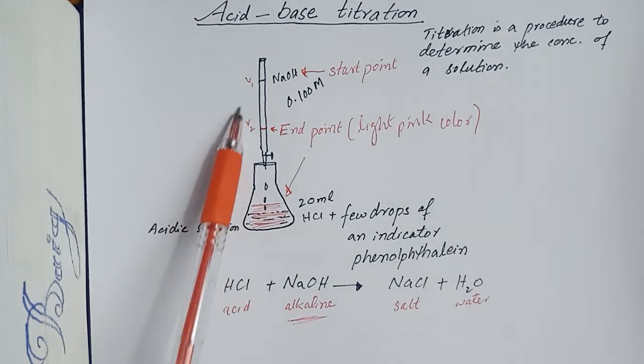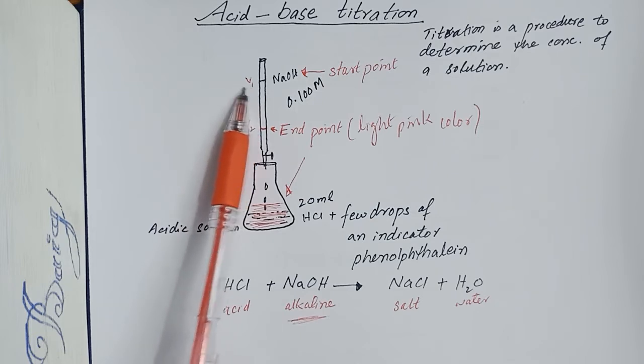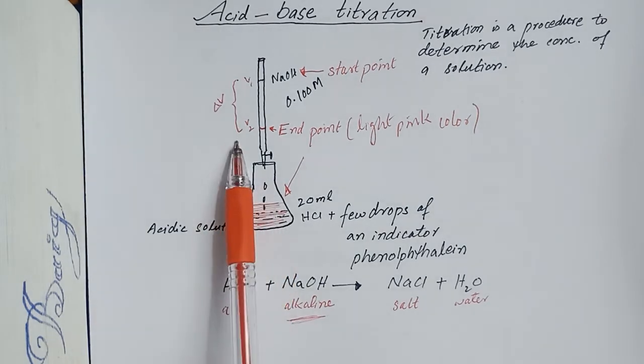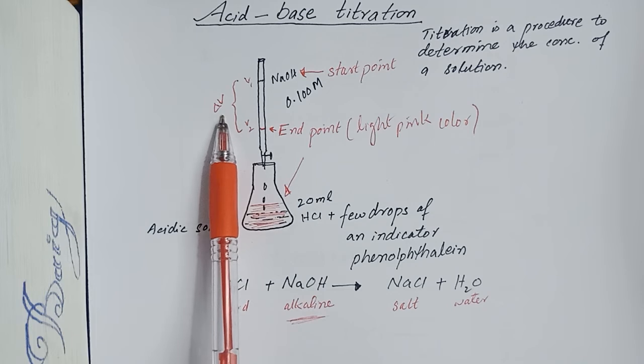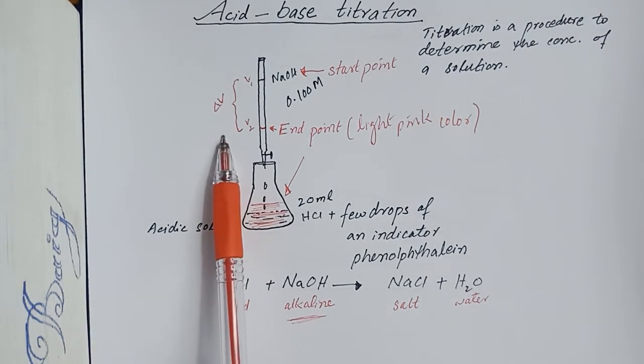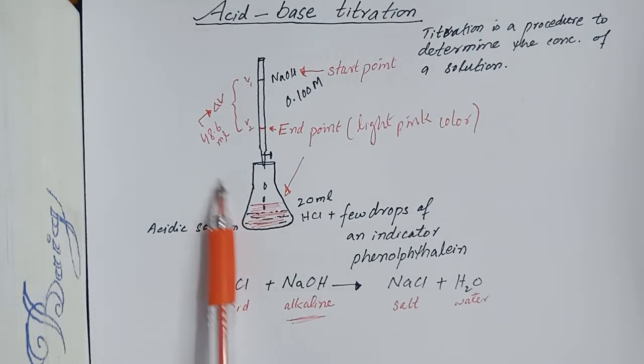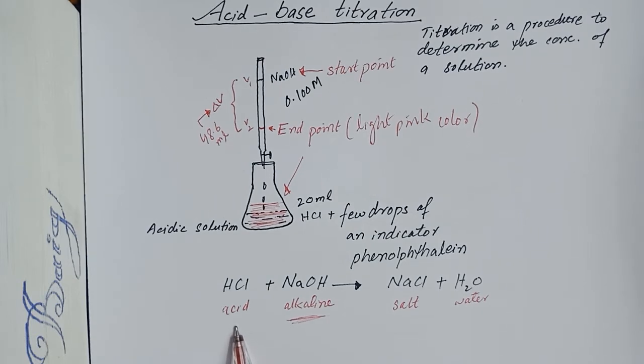We started from V1 and reached V2, the endpoint. This is the volume of base that we used during the titration, so there is a change in volume. For example, we have used 48.6 ml to completely neutralize the acid within the conical flask. Now, using this volume, we can calculate the concentration of HCl.